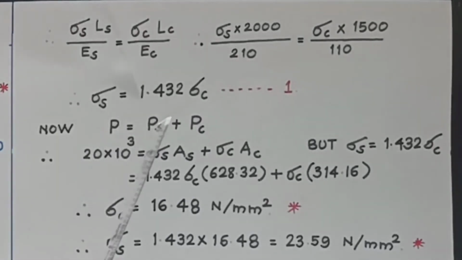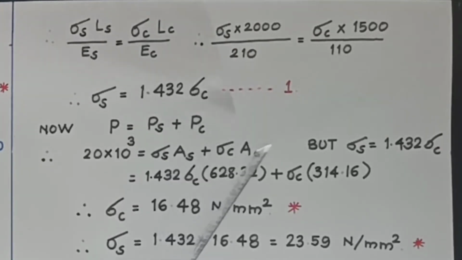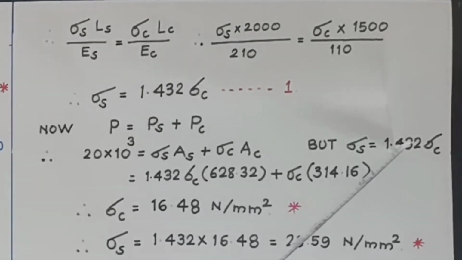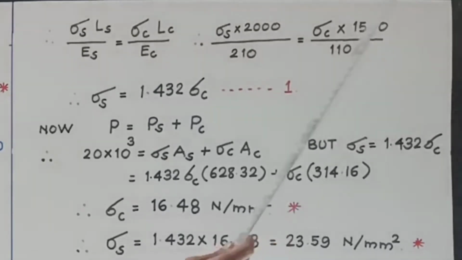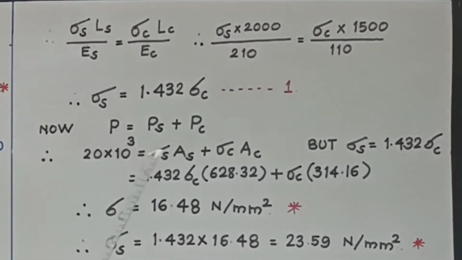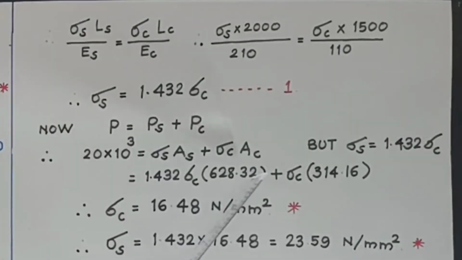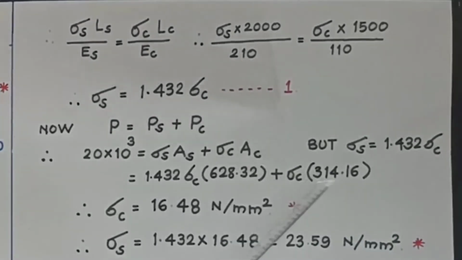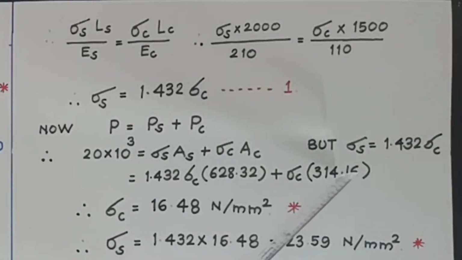So P is equal to PS plus PC and P is equal to sigma into A. So P is equal to sigma S into AS plus sigma C into AC. For sigma S, I will put 1.432 sigma C. So 20 into 10 raised to 3 is equal to 1.432 into sigma C into AS is 628.32 plus sigma C into AC is 314.60.